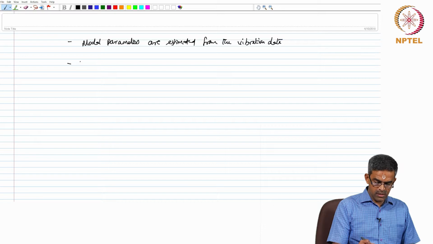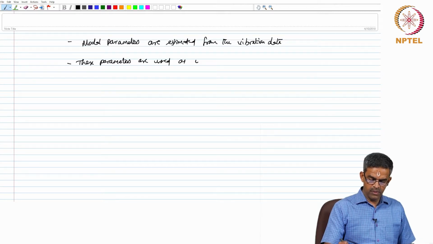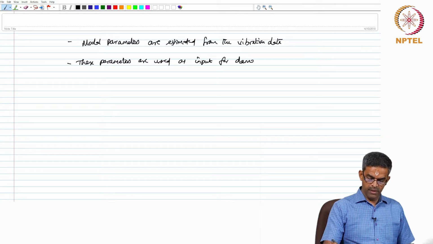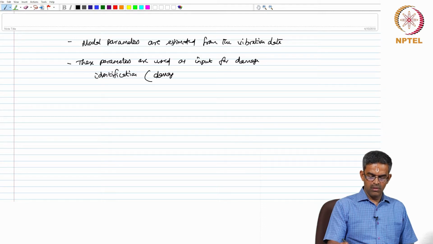Now, these parameters are used as input for damage identification, or we can also call this damage detection.